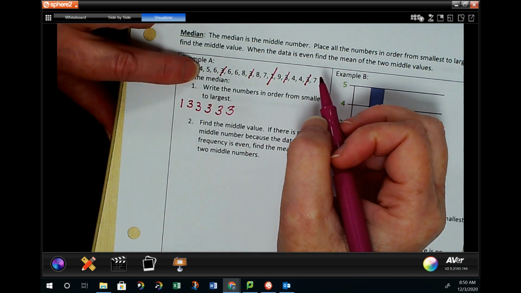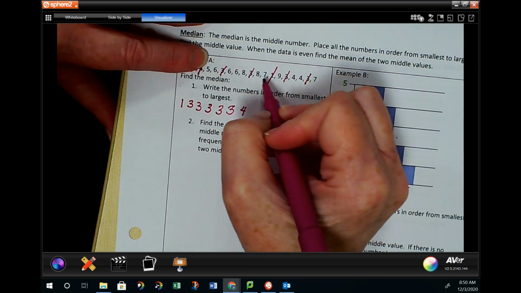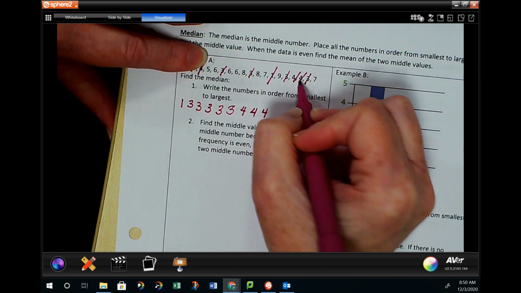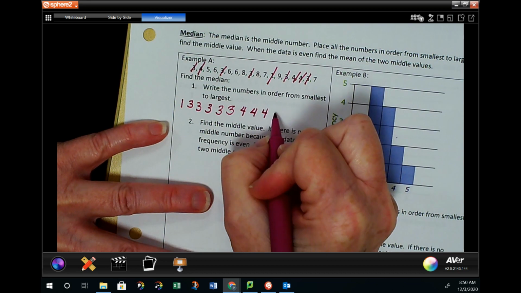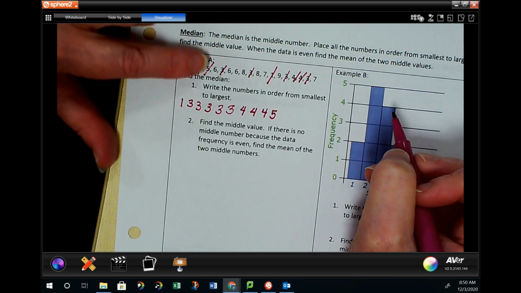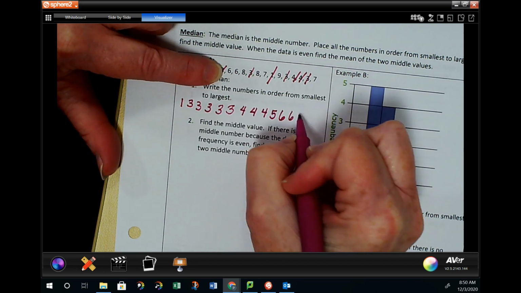Then we go through and we list our 4s. So there's 1, 2, and 3. And then we list our 5s. That's the only 5. We list our 6s: 1, 2, 3.